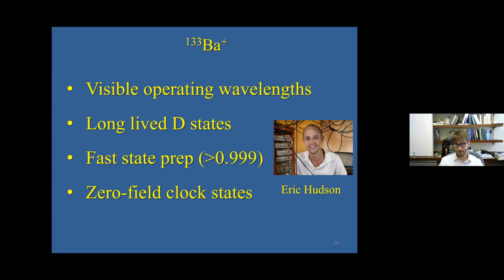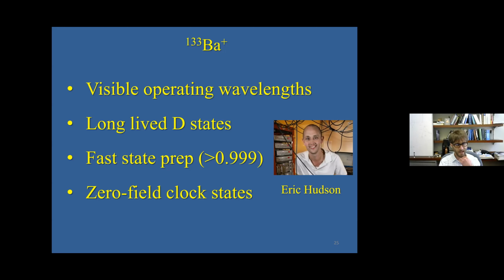And so this project is a collaboration, I think many of you know, with Eric Hudson. We work very closely with one another on lots of things, and this is one of our projects that we collaborate on. The features of barium that give it nice aspects here are essentially bolstered by the spin 1/2 nucleus of the barium-133.